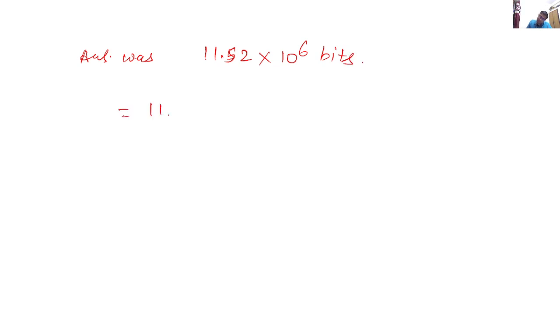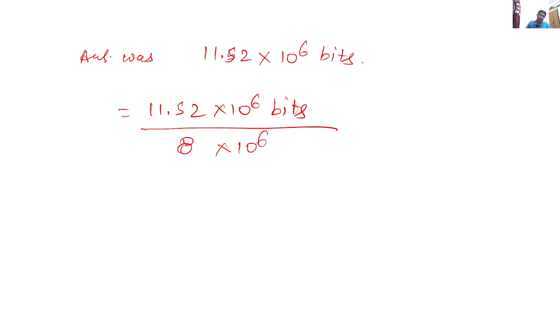Let's convert it. So 11.52 into 10 power 6 bits divided by 8 to convert it into bytes, and divided by 10 to the power 6 to convert it into megabytes. So we would get 1.44 megabytes.